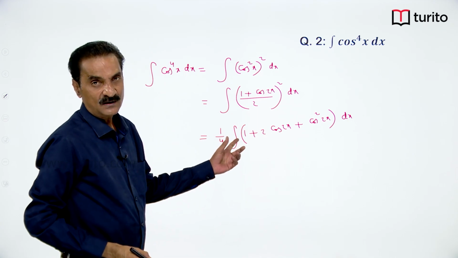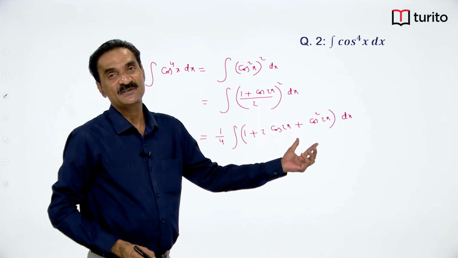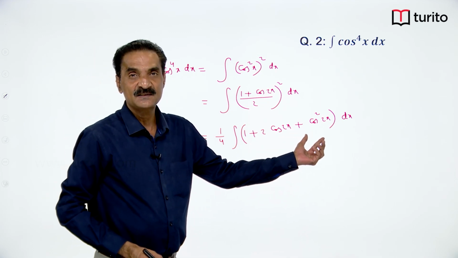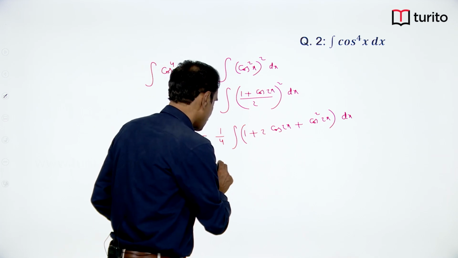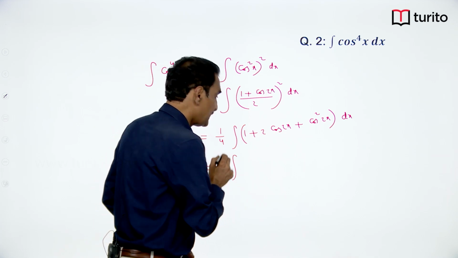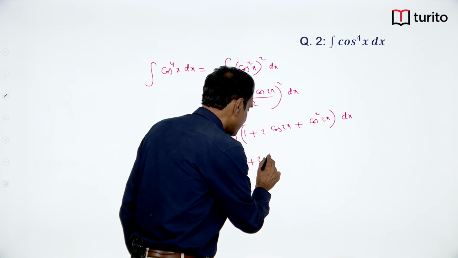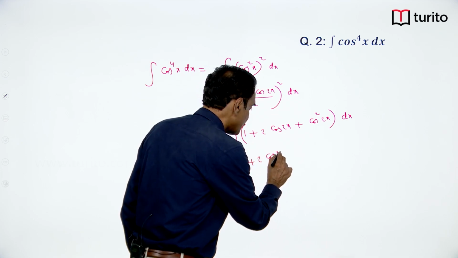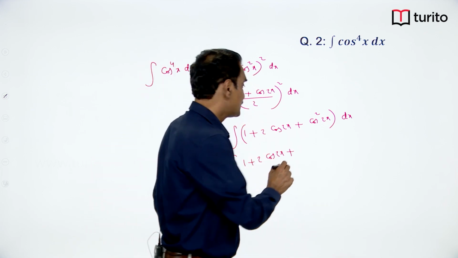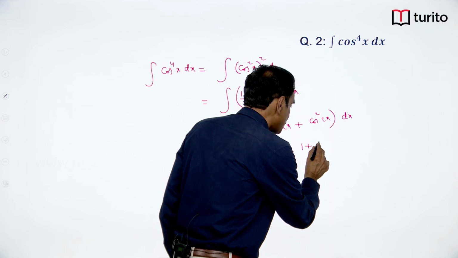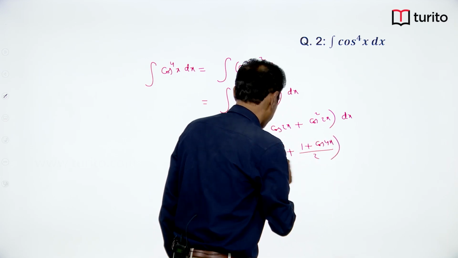We can integrate 1, we can integrate 2 cos 2x, but for integrating cos square 2x, we should write this as 1 plus cos 4x by 2. 1 by 4 integral 1 plus 2 cos 2x plus cos square 2x is 1 plus cos 4x by 2.